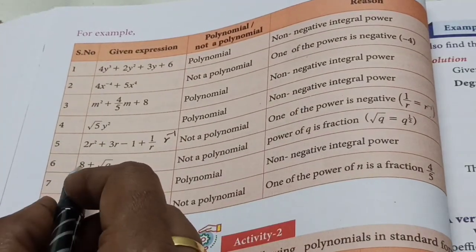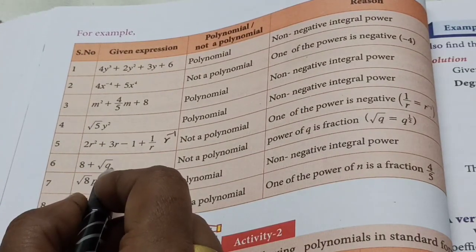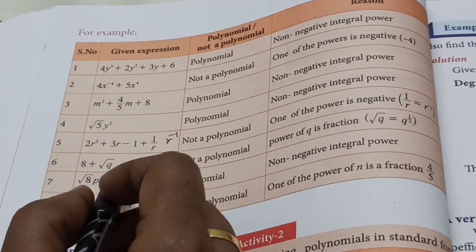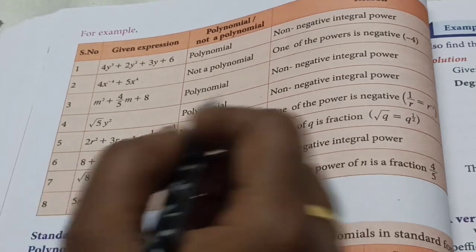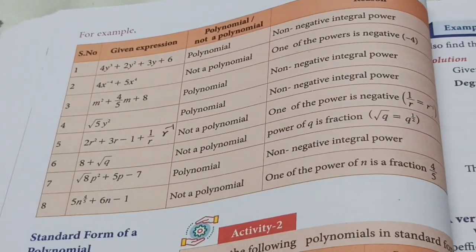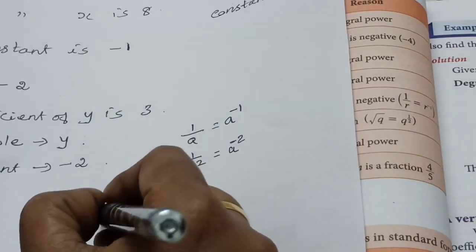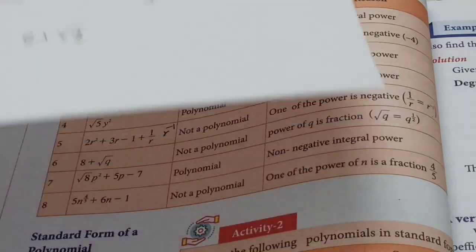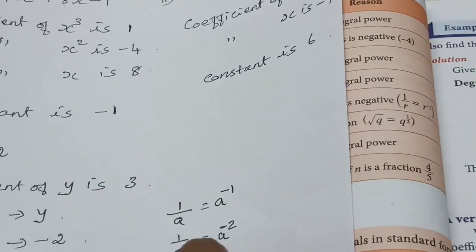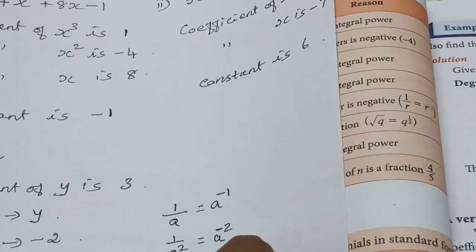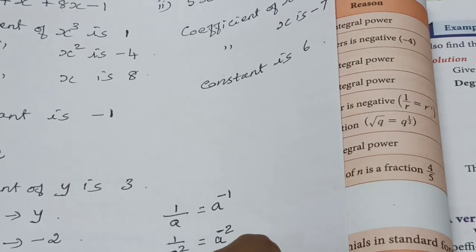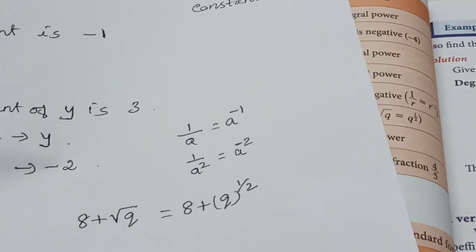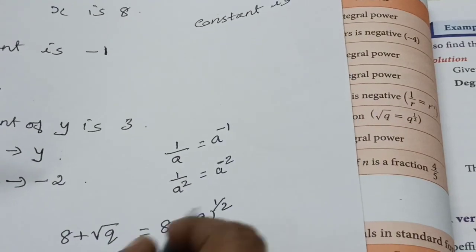Then next one, sixth one, 8 plus square root of q. Is it a polynomial? This is not a polynomial. Why? Power of q is a fraction. How it will come fraction? Then 8 plus square root of q. Okay, this square root of q, we can write what? 8 plus q power 1 by 2. Have you understood? Square root of q, we can write what?